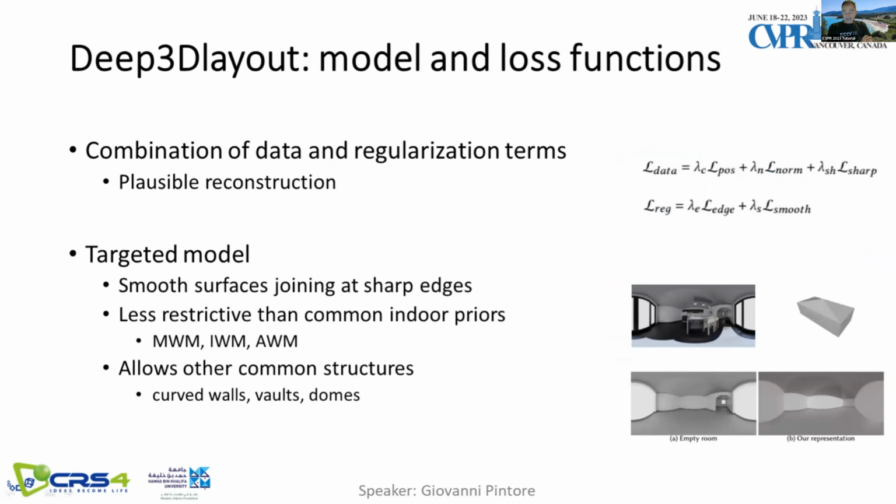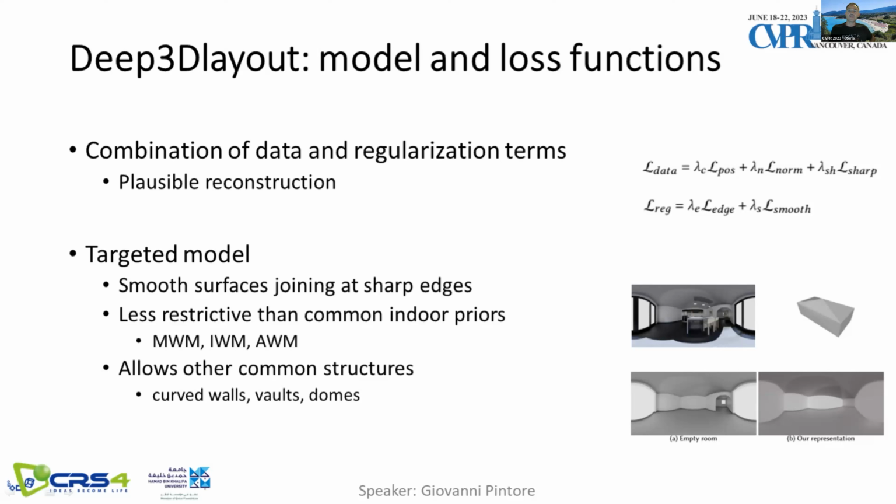As I have already said, we also need to make such a structure more indoor. So deep 3D layout here combines data terms for measuring the quality of fit for training data with regularization terms for driving the solution towards a plausible room shape.